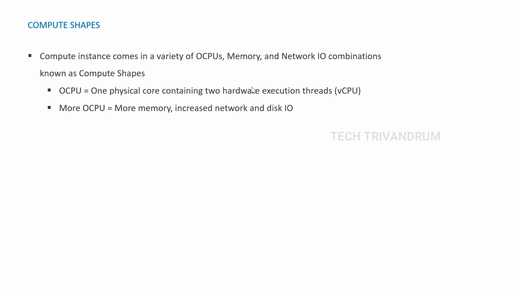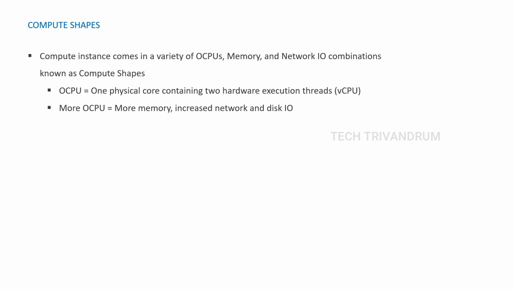So a compute shape is actually a template that defines the number of CPUs, or OCPUs in the case of OCI, and the amount of memory and network bandwidth for a virtual machine or for a bare metal instance. One OCPU is equivalent to one physical core.